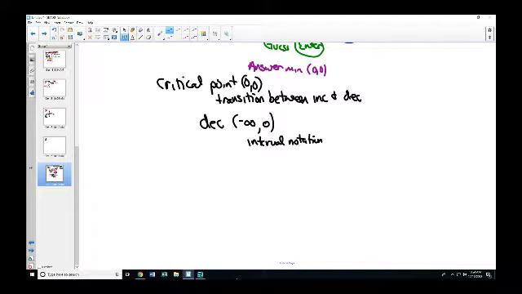Okay? You could also write it like this. That's an option. Or you can write it like this. That's an option. So you have options.